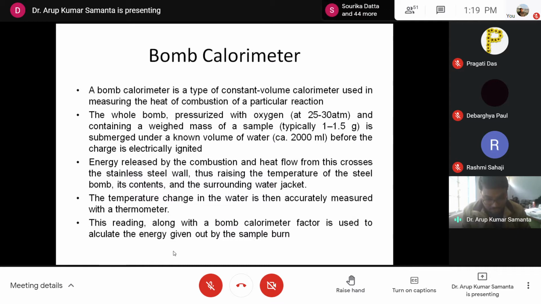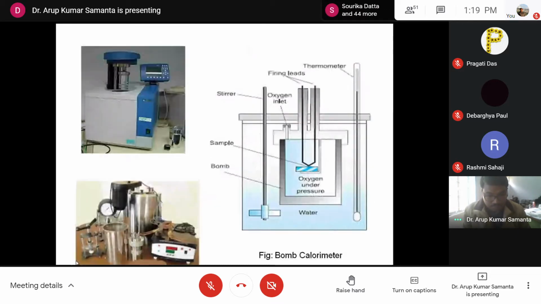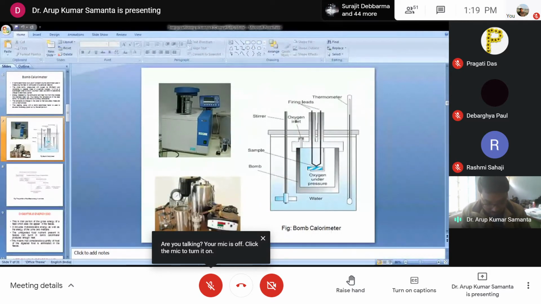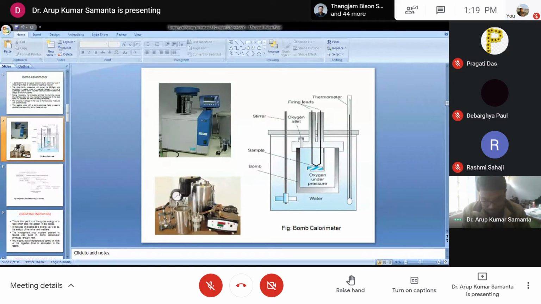Do you have any query? Could you understand the bomb calorimeter working principles? Any doubt, any student? Prem Agarwal, could you understand how the bomb calorimeter works to measure the gross energy content?